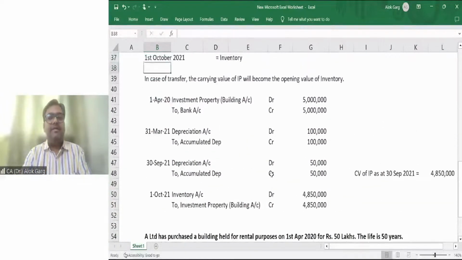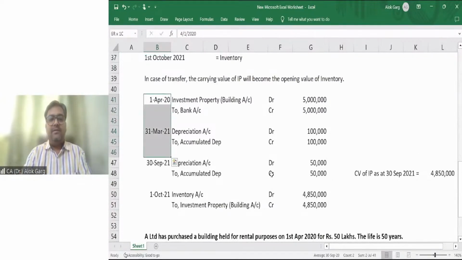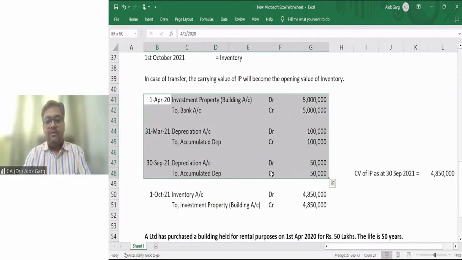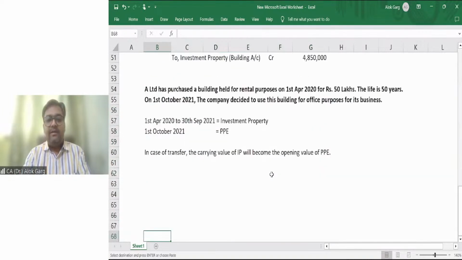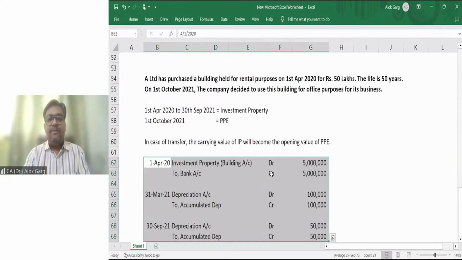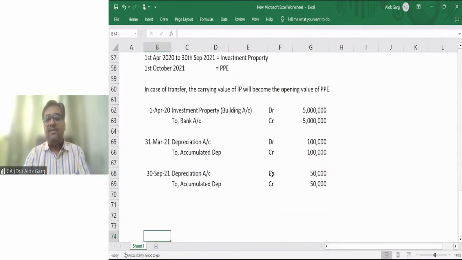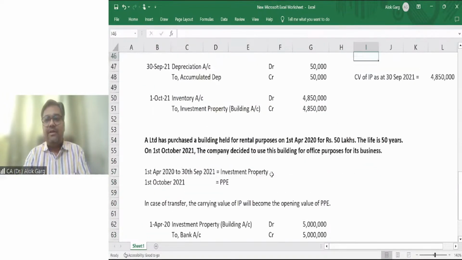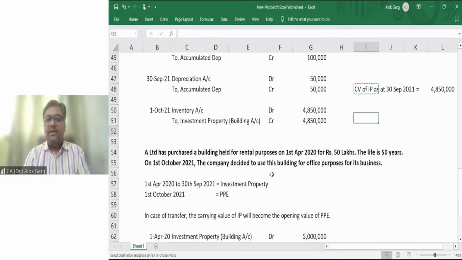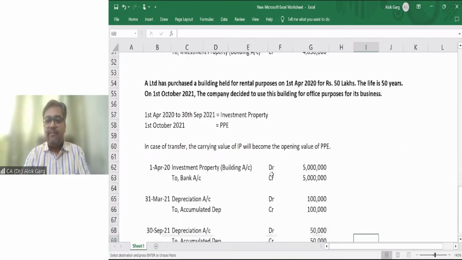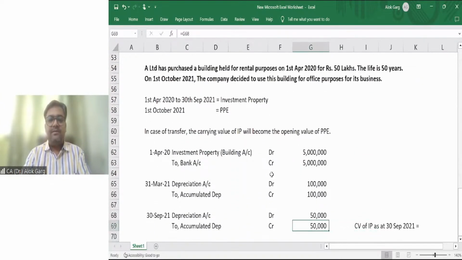Same accounting entries, right? Up to here it will be the same. Same accounting entry will be there. You have purchased the investment property, you have charged the depreciation, and you have computed the carrying value on the date of transfer. So everything is same, cut, copy, paste.